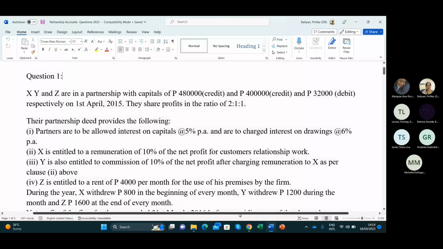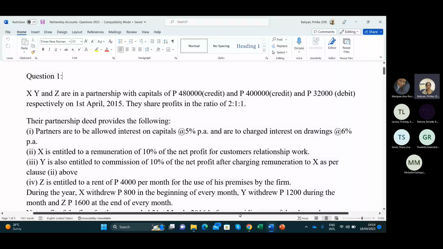Z is entitled to a rent of 4,000 pula per month for the use of his premises by the firm. So the third partner gave his building to run the partnership firm.